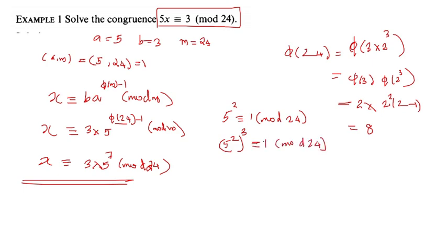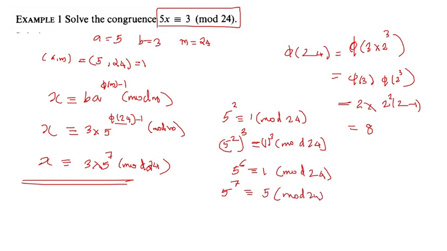We take cube on both sides, so 5 square whole cube congruent to 1 cube mod 24, that is 5 raised to 6 congruent to 1 mod 24. Now multiply 5 on both sides, we get 5 raised to 7 congruent to 5 mod 24.